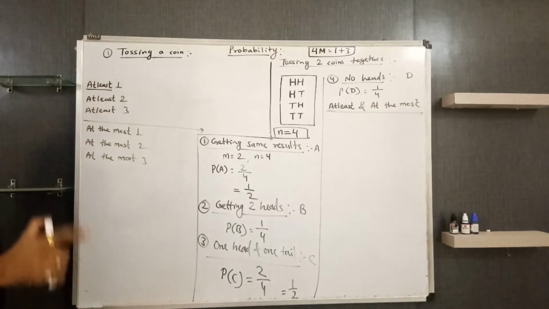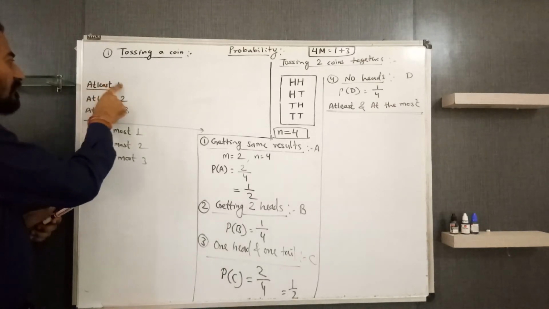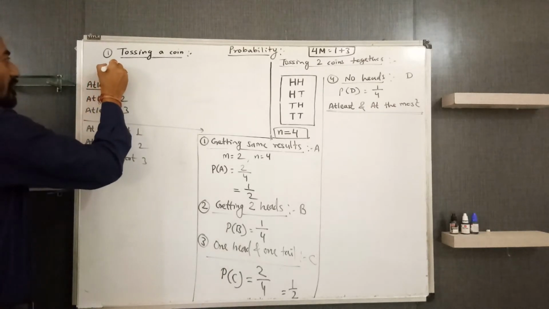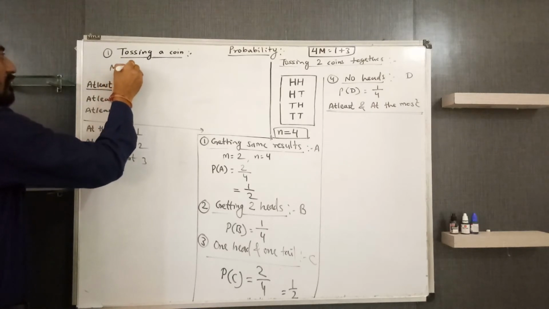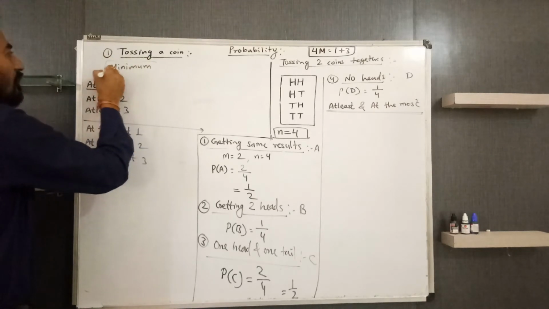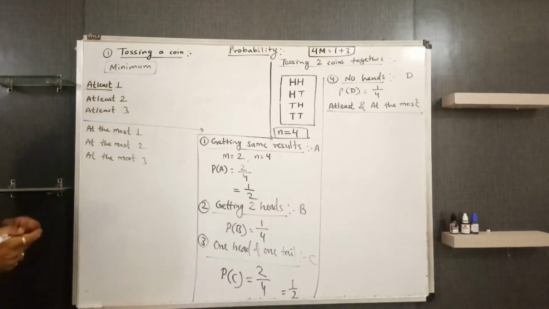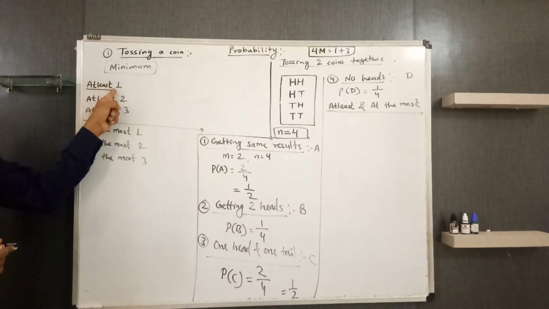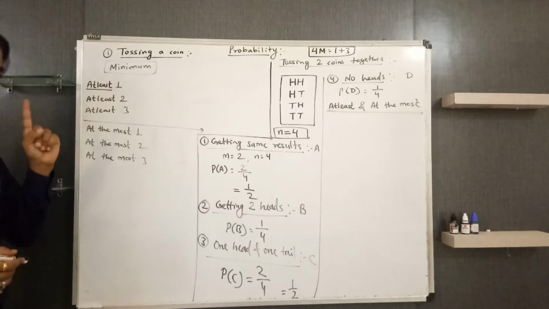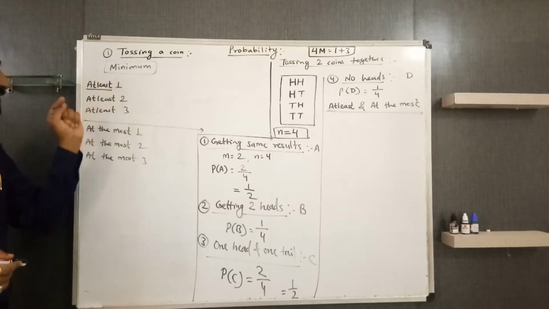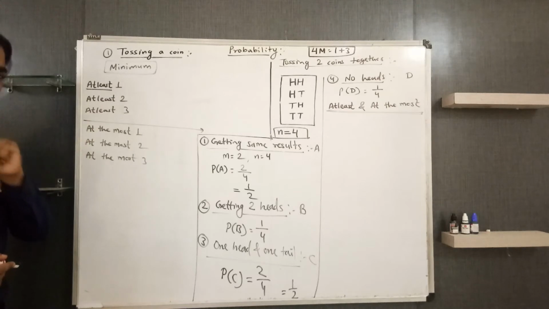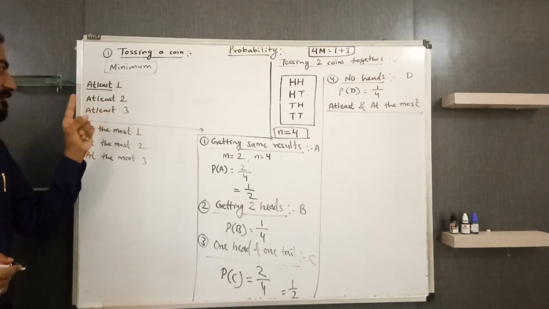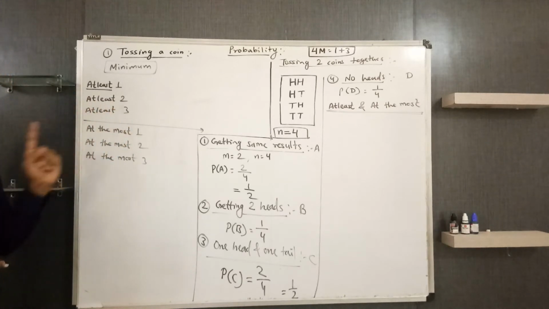See, at least 1 means here minimum value given. Less than this you cannot take. At least 1 means less than 1 you cannot take. At least 2 means less than 2 you cannot take. At least 3 means less than 3 you cannot take.